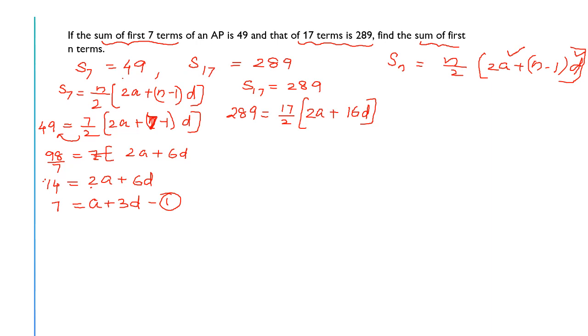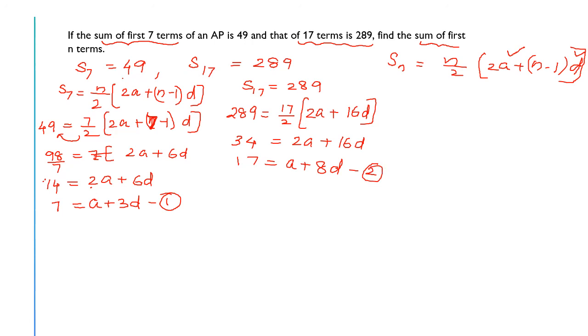It is the square of 17. So into 2, what do you get? 34. 34 is equal to 2a plus 16d. Anything common? 2. So you'll get 17 is equal to a plus 8d. That is the second equation.